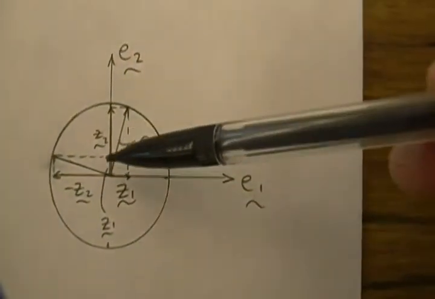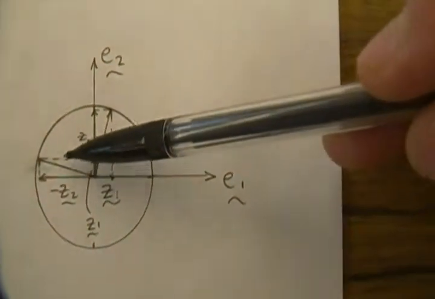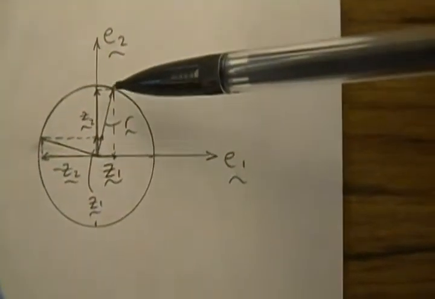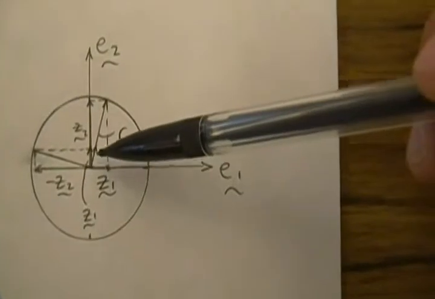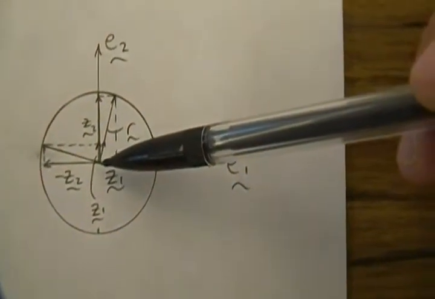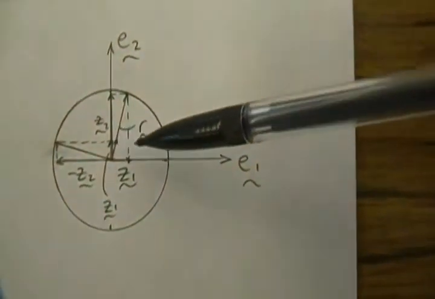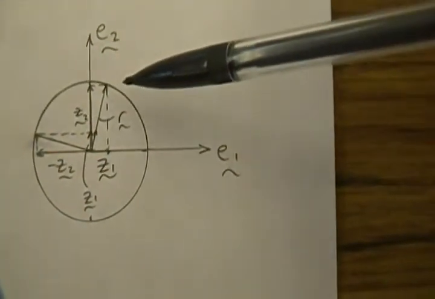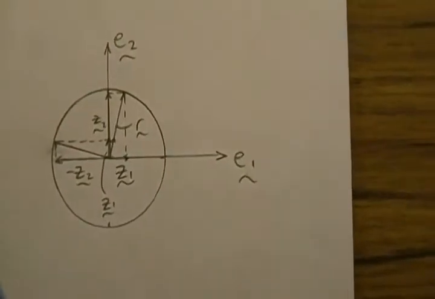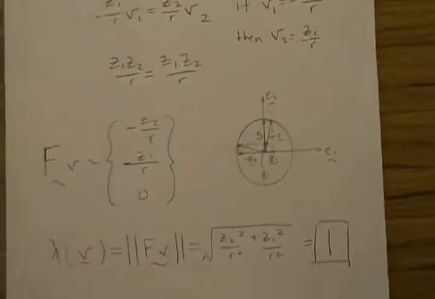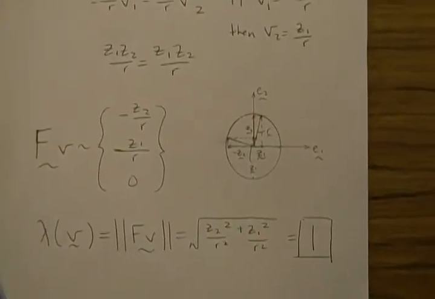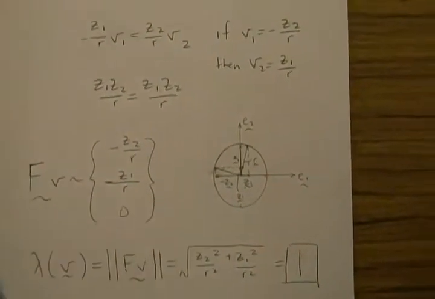The orthogonal vector, which we call v, has a negative z2 component in the e1 direction and a positive z1 component in the e2 direction. Next, the book asks if these two directions are principal directions, meaning unit vectors v and n.